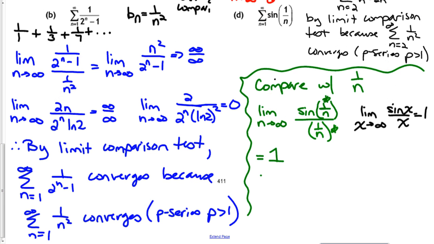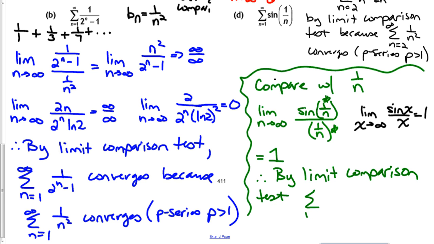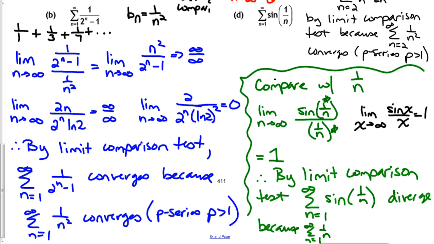So, therefore, by the limit comparison test, the series that I was asked about is going to diverge because the series I compared it to diverges. We can just say it's the harmonic series, or we can talk about a p-series where p is less than or equal to 1.